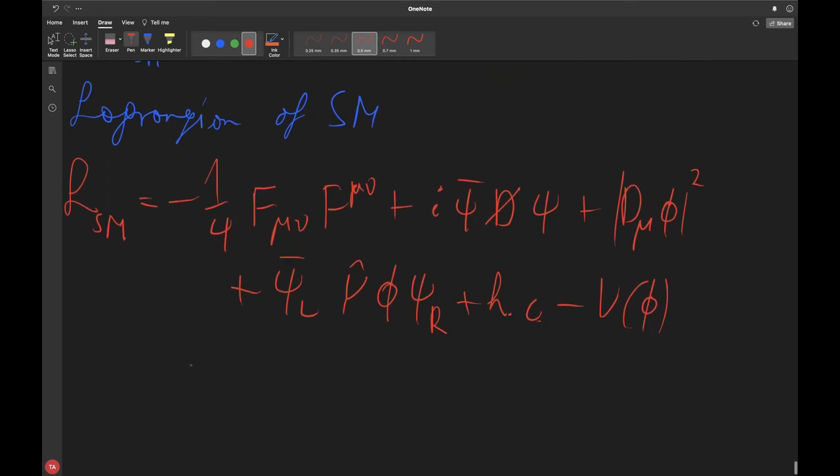So the next thing to do is to figure out what this means, and that's for the next lecture, what to do with all these things.